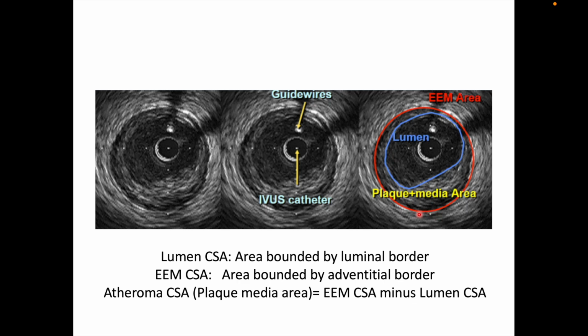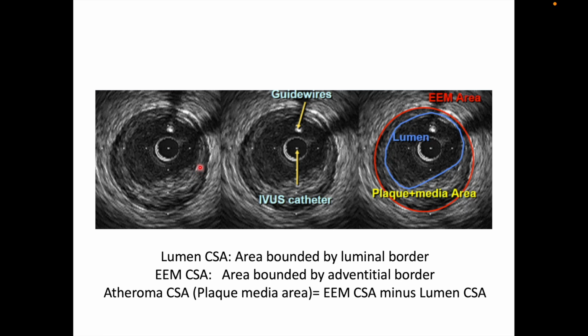Reinforcing the same concepts, we can see here that's the adventitia, the black line is the media, inside the media is the intima, and in the intima there is all this plaque that is sitting there. That's mainly eccentric plaque because it's concentrated on one side as compared to the other side.